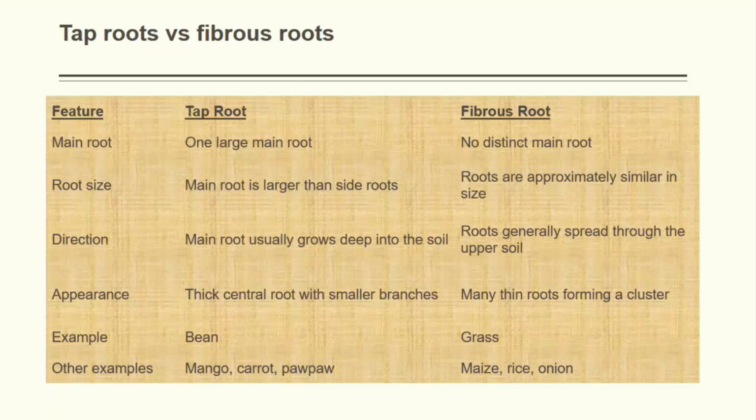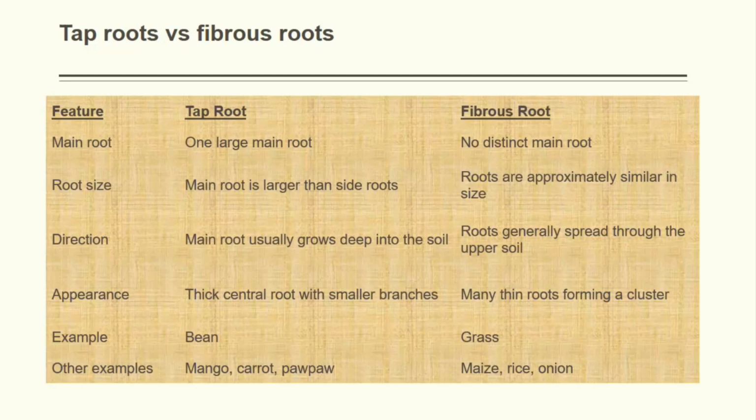The taproot has a main root larger than the side roots. But the fibrous roots are approximately similar in size. That means that for the fibrous roots, the roots are almost the same. They are small, and they are many, and they are together, as compared to the taproot, which has one main root and other smaller roots by the side.